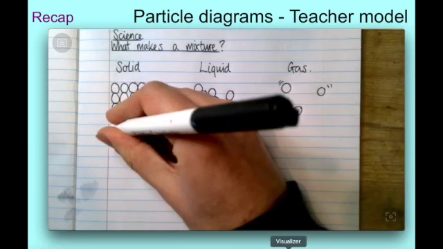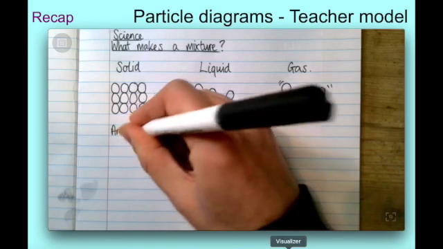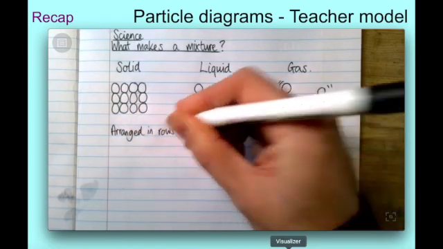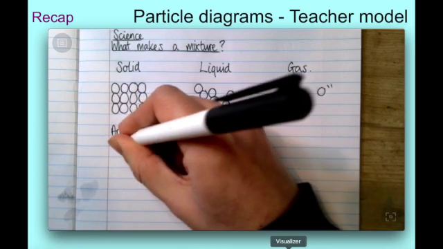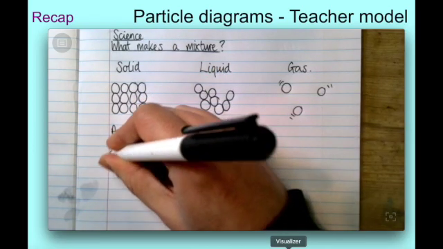So arranged in rows for solid, rigid, do not move.